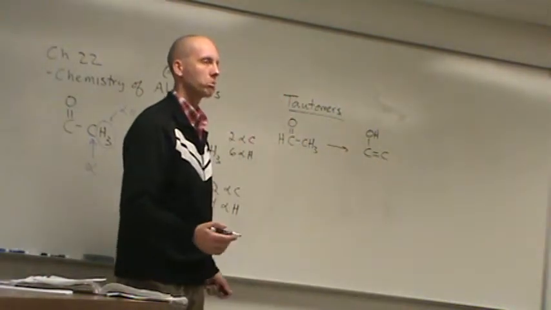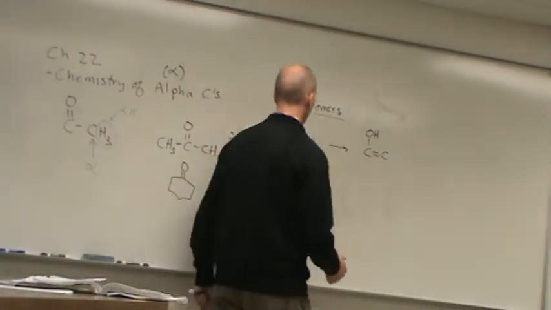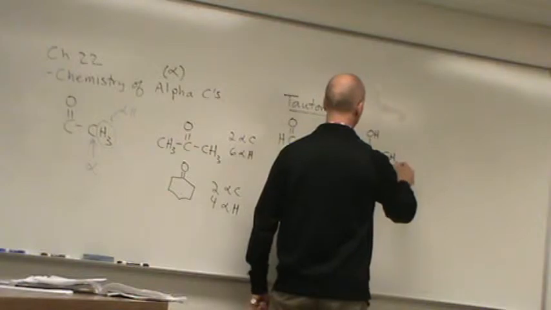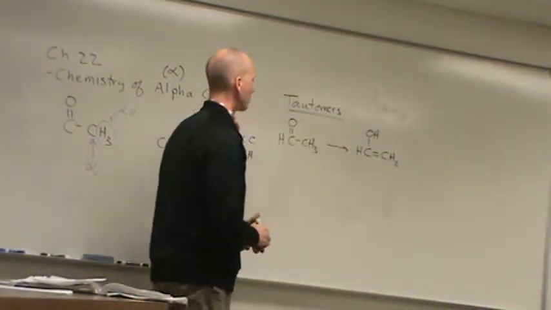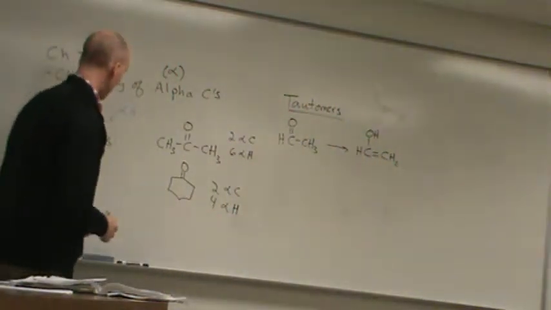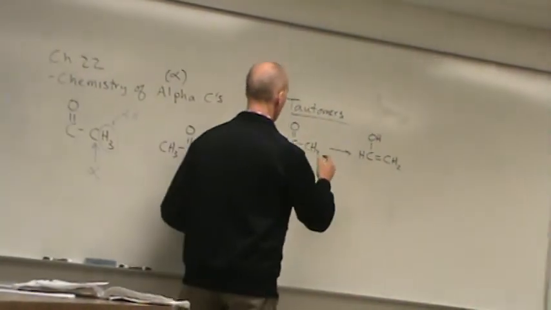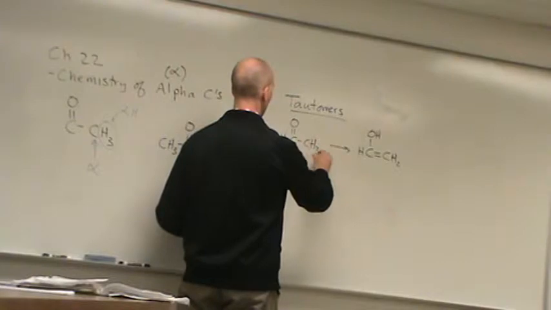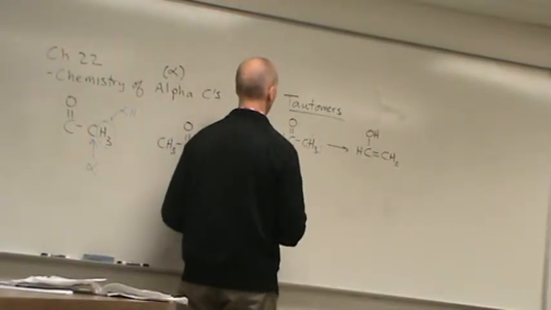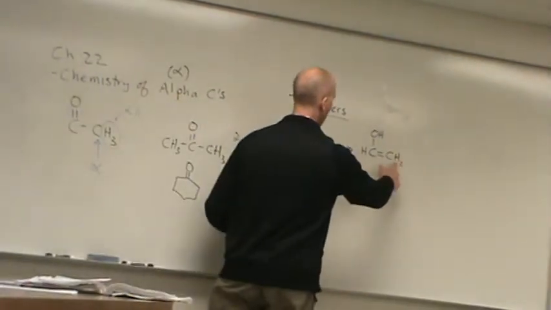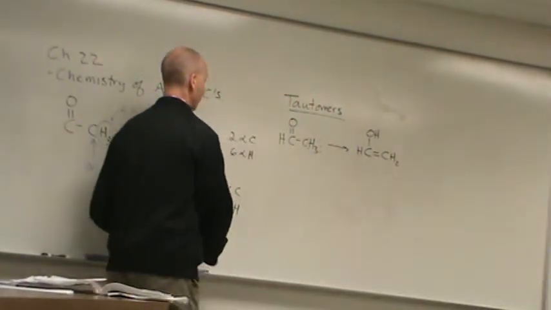Okay. And then write in the hydrogens. So if you look, in a sense, one of these hydrogens here went up to that oxygen. So we go down by one hydrogen there.